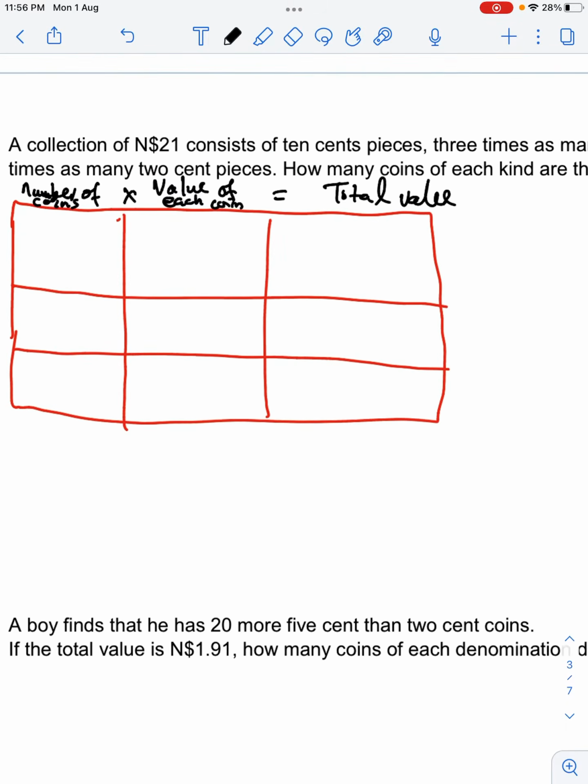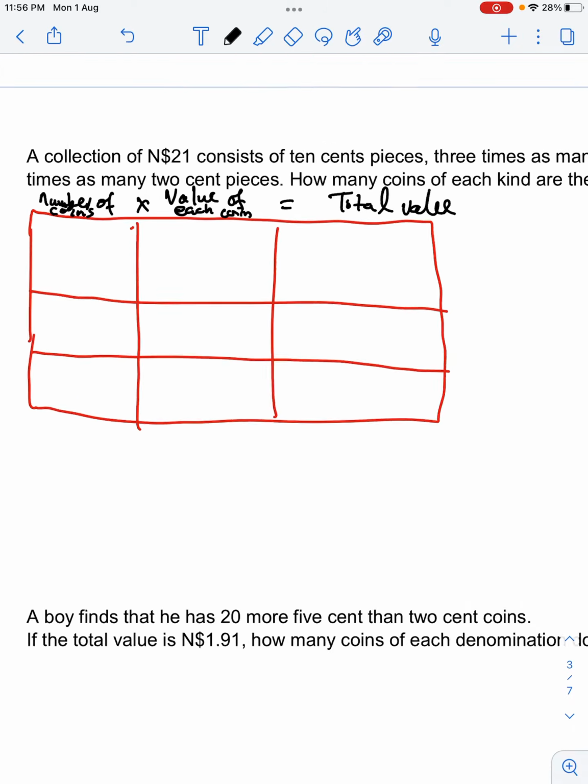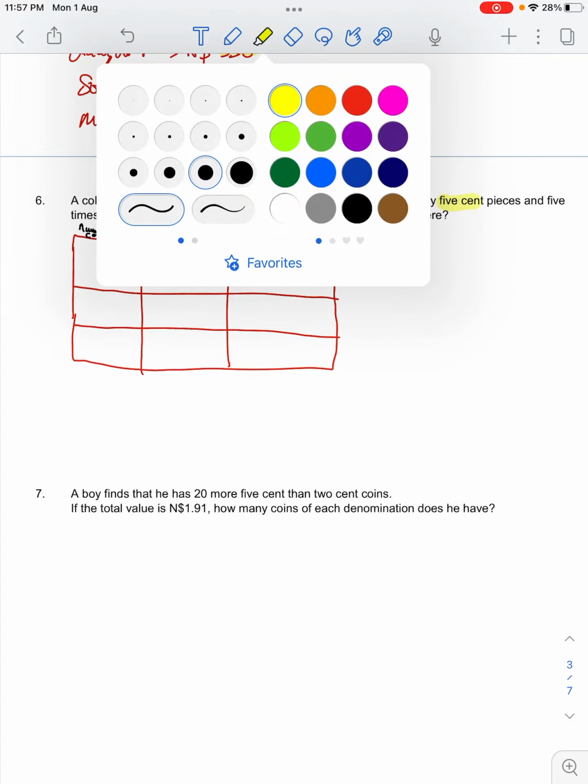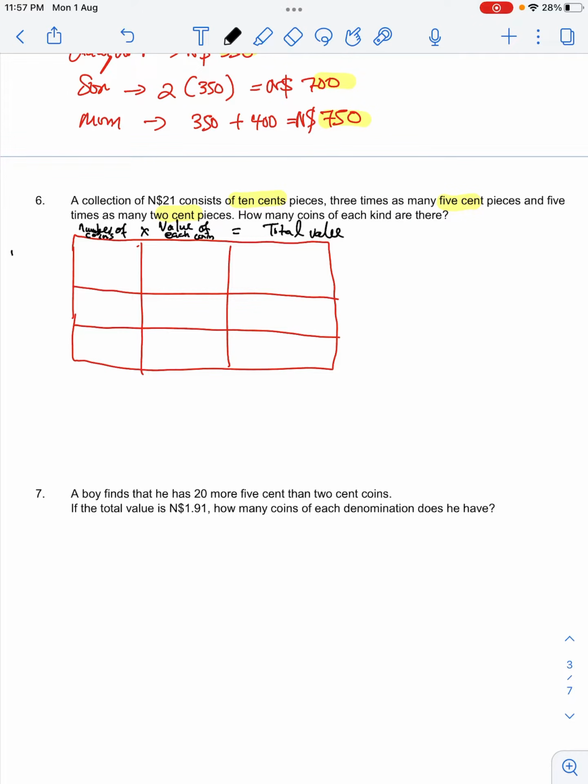Now it's a bit small, but you'll get the idea as to what I'm doing there. Let's see, what do we have? Right, we have 10-cent pieces, 5-cent pieces, and 2-cent pieces. So I'm going to have the 10-cent here, then 5-cent here, and then 2-cent here. So the value, this is 10, this is 5, and this is 2.